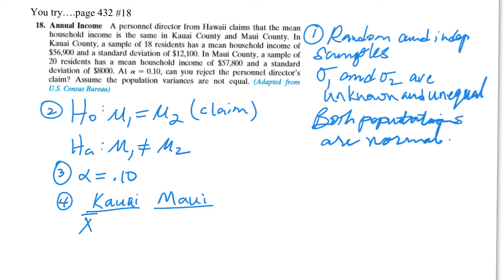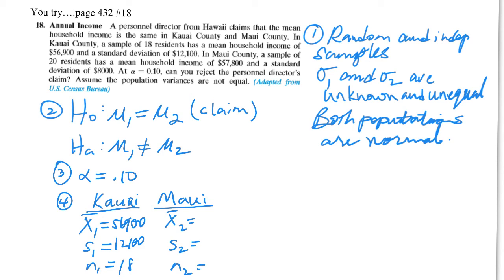So now I'll write X bar 1, S1, and N1, making my own table, and X bar 2, S2, and N2. So X bar 1 is for Kauai County, the mean household income at 56,900, the standard deviation at 12,100, and it says it was a random sample of 18 households.